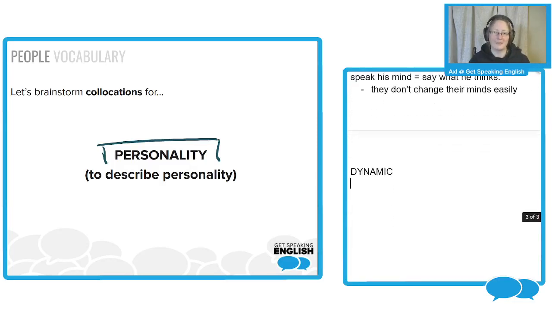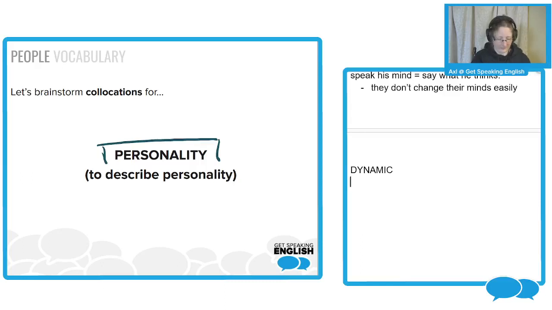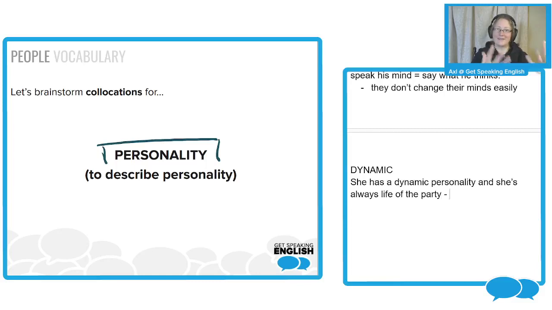So, for example, she has a dynamic personality, and she's always the life of the party. If we say somebody's the life of the party, they're the person who's really happy, makes other people happy. They talk with people.